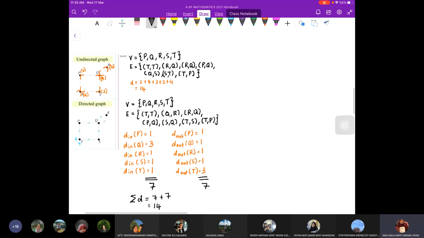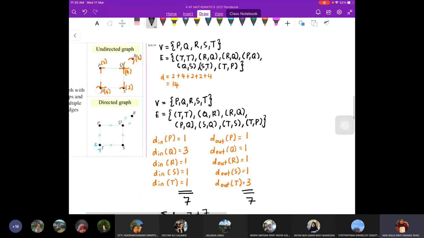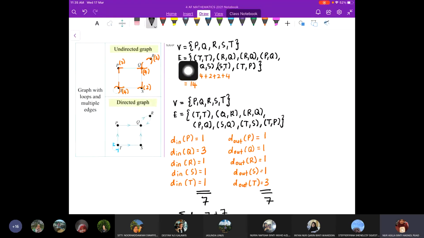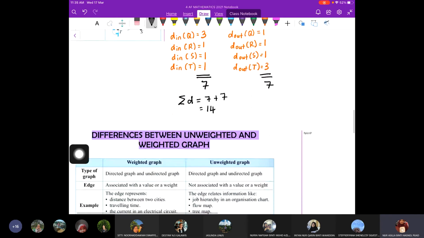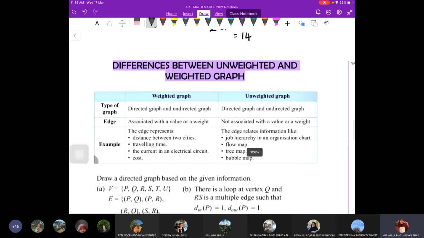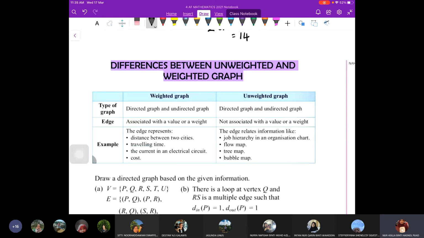Okay, so we go back. What I want you to remember is that edges must be written with the initial vertex in front and the terminal vertex at the back. And then for loop T, you have to remember it goes both ways. There is one in, one out. Okay, that is what you must remember. Alright, so now we go to the question: what is the difference between unweighted and weighted graph?